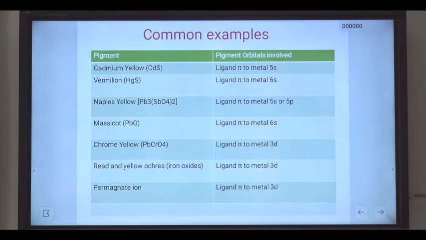Specifically, a pi donor ligand should be there for the ligand to metal transition to occur. Pi donor ligands like sulfides, oxides, selenides, and all halides are considered under the pi donor ligands.